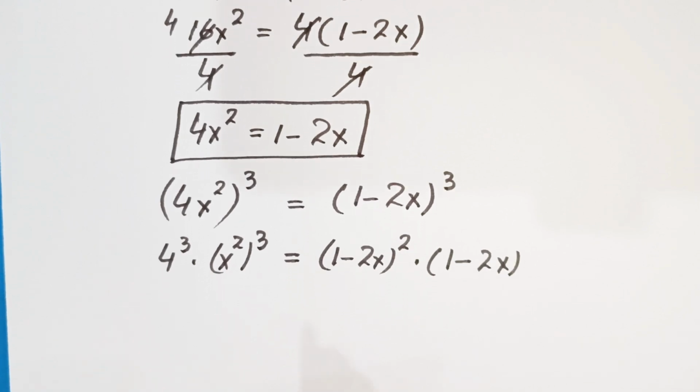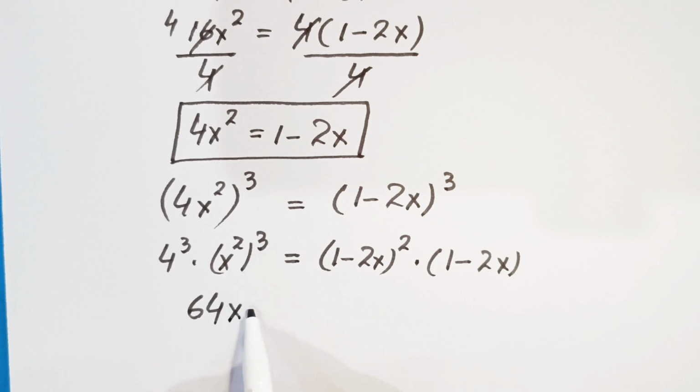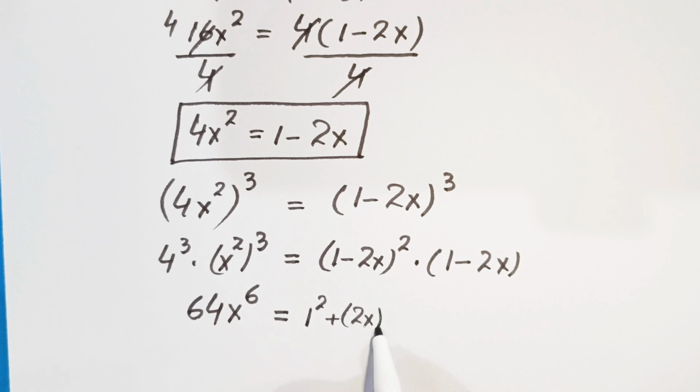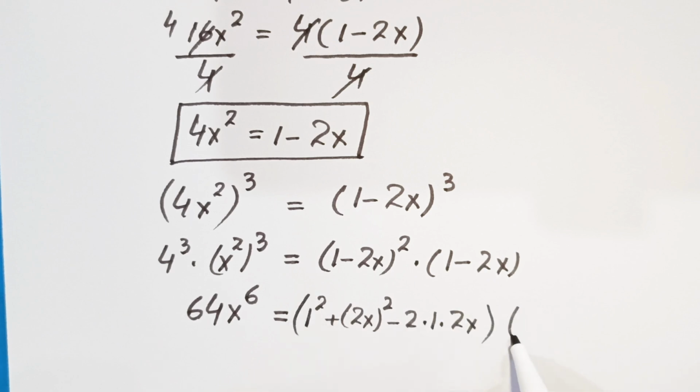So now 4 cubed is equal to 64, and here 3 times 2 is 6, so x to the power 6. Here we get 1 minus 2x whole squared, that is a minus b whole squared, so it is 1 squared plus 2x whole squared, a squared plus b squared, minus 2 times a, where a is 1 and b is 2x, multiplied by 1 minus 2x.